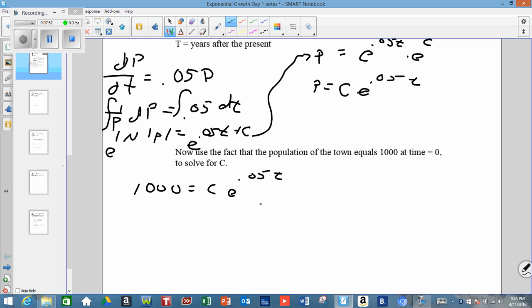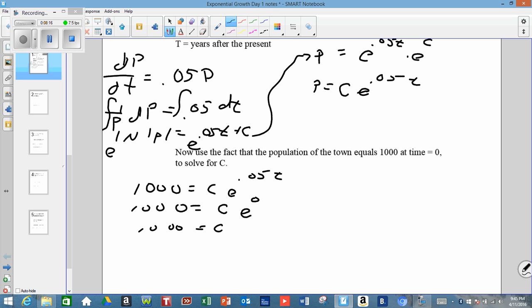All right, now let's figure this out. But t, they told us, was 0. So 1,000 equals c e. Now 0.05 times 0 is 0. Don't forget the e to the 0 is not 0, it's 1. So 1,000 equals c times 1, or c.